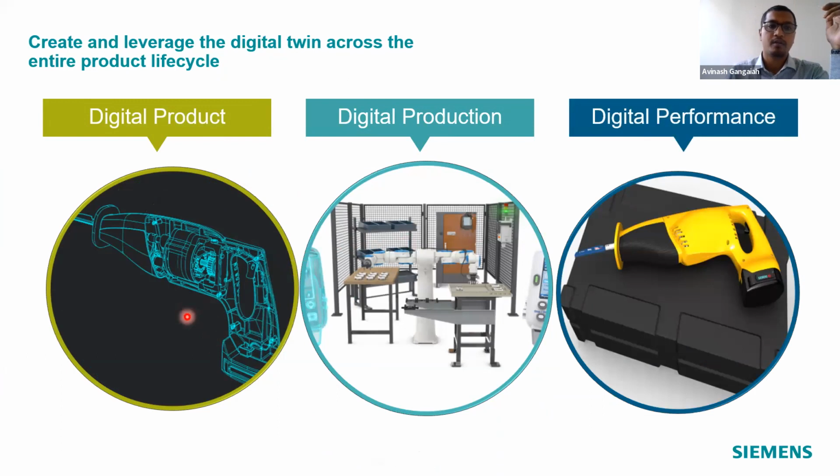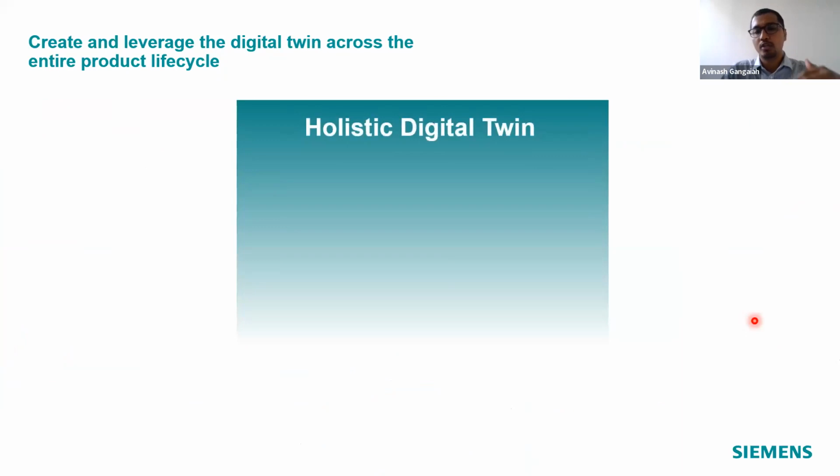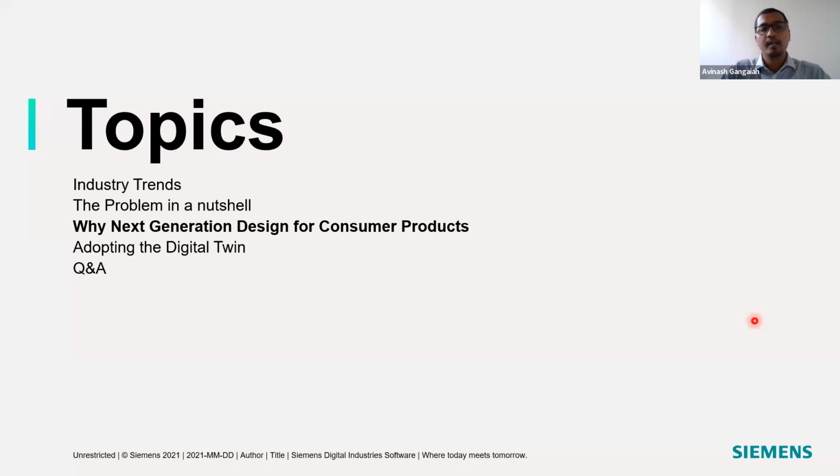So here we're talking about building the product digitally, but at the same time, how it is being produced, and then how it's going to perform, right? So that's the whole goal, and that's where we're looking at building a holistic digital twin, or a comprehensive digital twin, right? Now, just a quick summary of where we started. We started off with the industry trends, right?